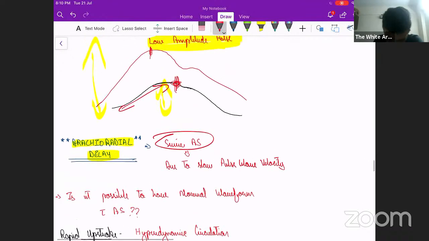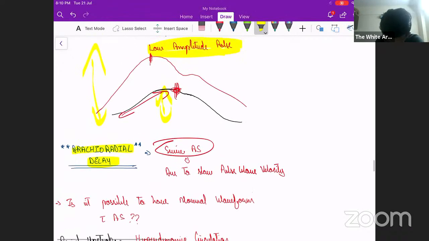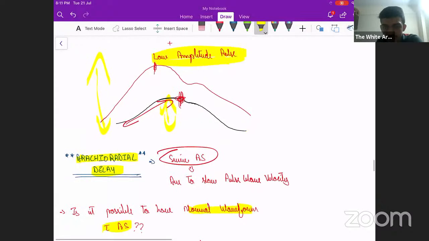So the next question: is it possible to have a normal waveform with aortic stenosis? Is this possible? If possible, when does this happen? Someone says concomitant TR.